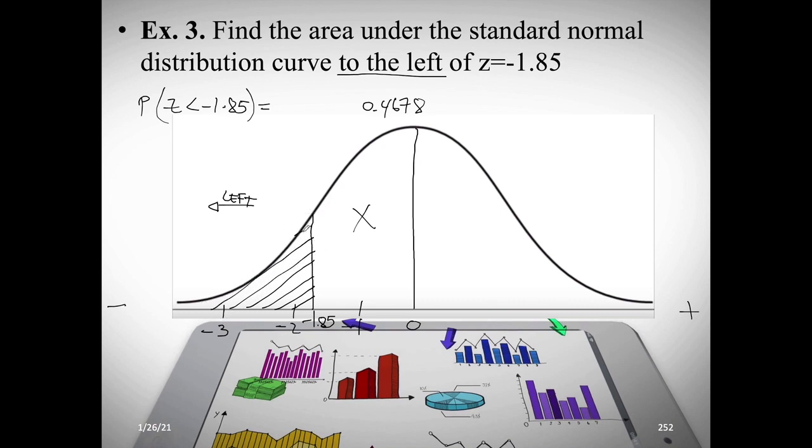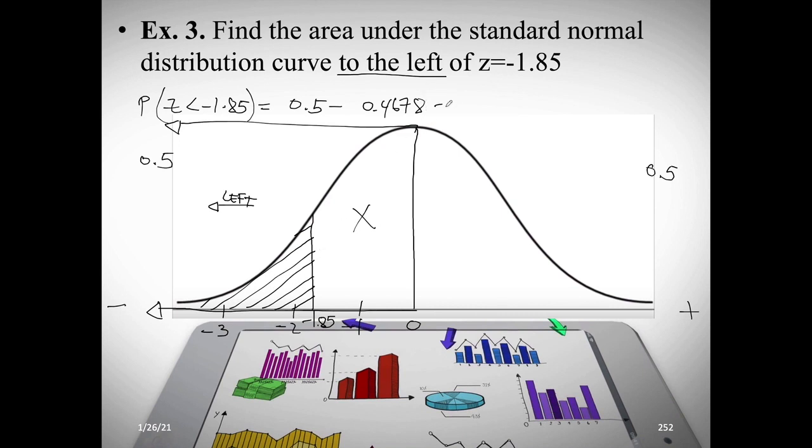Ayan. And since ito yung hinahanap natin, yung kalahati na to, yung kalahati ng graph na yan, going to the left, is actually 0.5. Diba? Sabi natin 0.5 ito, approximately, not exact, and 0.5. Then ito, kaya ang total nila is 1 or 100 approximately. Now, since itong area na itong may x is 0.4678, so we should now subtract 0.5 and 0.4678 to be able to find the total area of this shaded region.